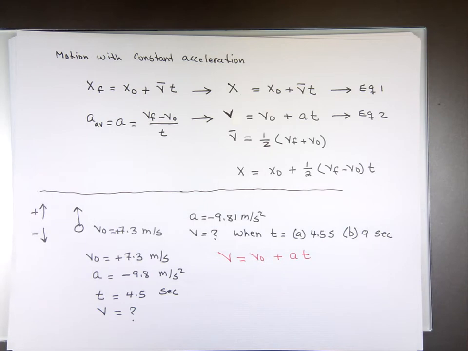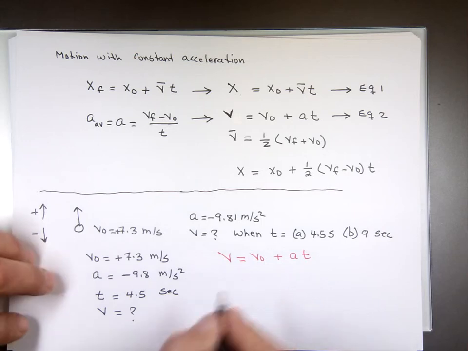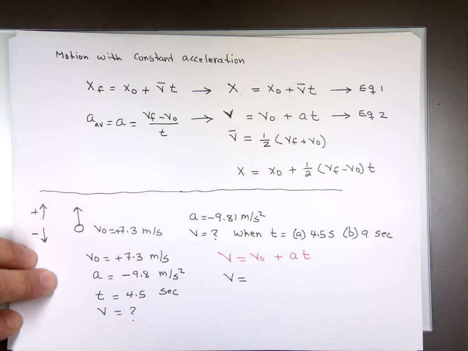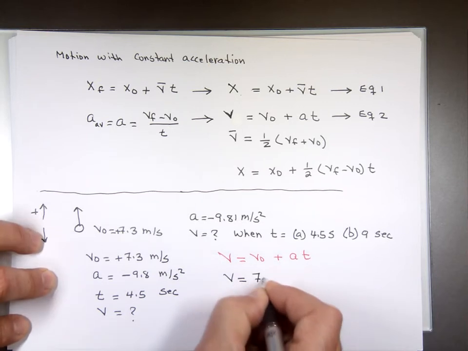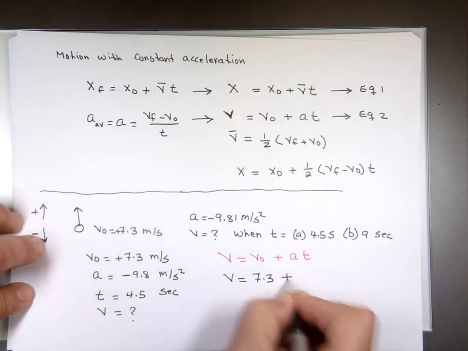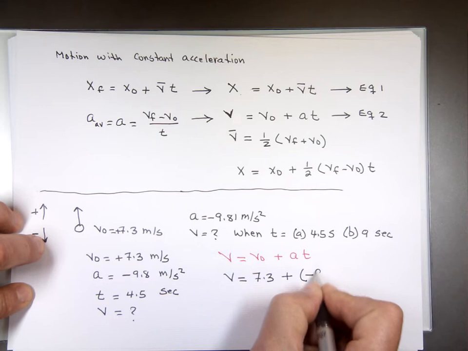Let's now plug in the numbers in it and see if we can solve it. We're looking for v, unknown. Do we know the initial velocity? Yes. Do we know what the acceleration is? Negative 9.8.